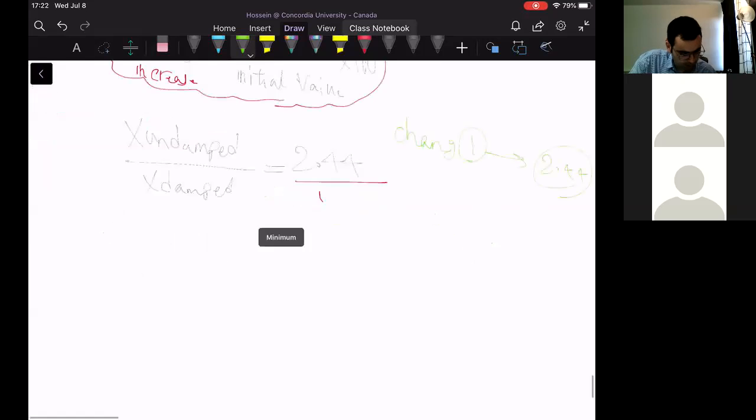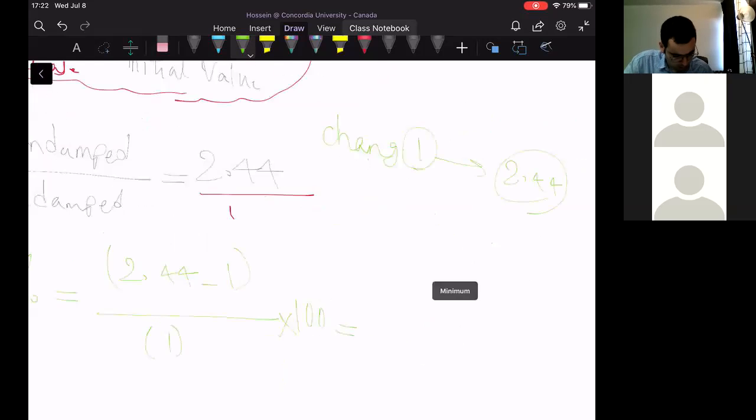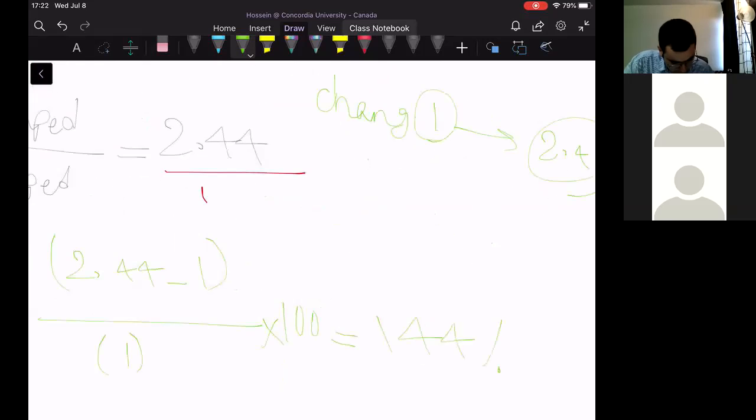The percentage increase is the second case minus the first case, divided by the initial, multiplied by 100, which is 144% increase in the amplitude of vibration if we don't have a damper in our system in case of resonance, which is very dangerous. It's very huge. 144% increase in the amplitude of vibration if we don't have any dashpot in our system.